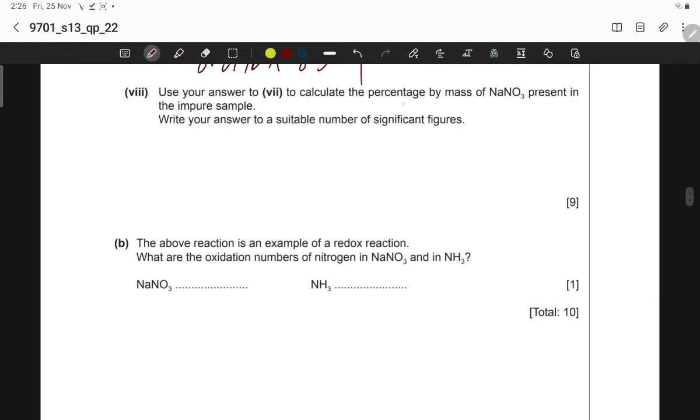Now use your answer 7 to calculate the percentage by mass of sodium nitrate present in the sample.